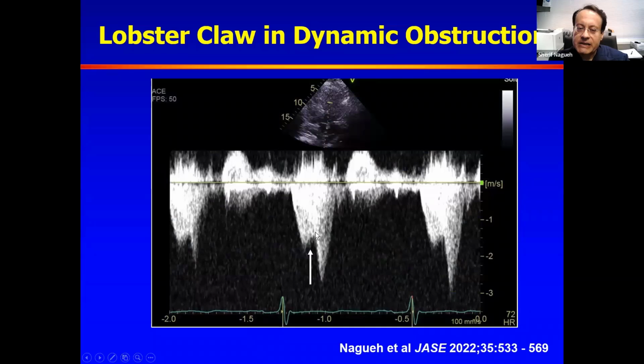That's the drop in velocities that can be seen as a result of the obstruction happening and the increased afterload for the ventricle. That was termed by Dr. Sherif the lobster claw abnormality. If you look for it carefully in patients with obstruction, it is not an infrequent finding.